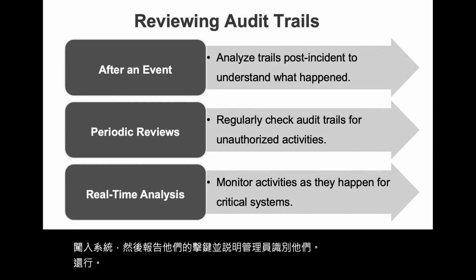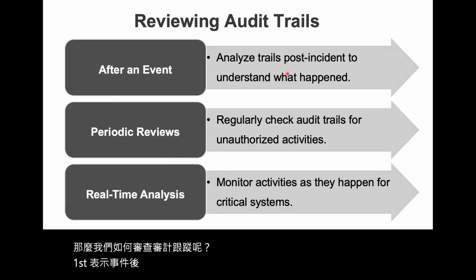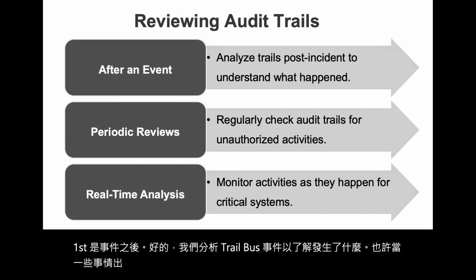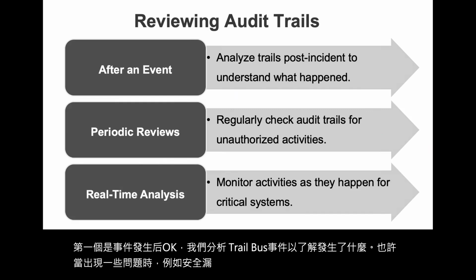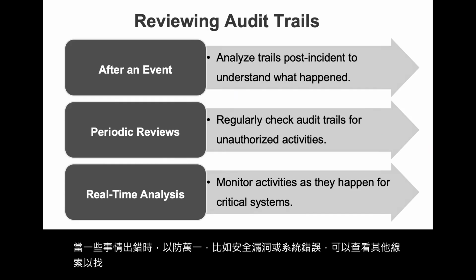Okay, so how do we review the audit trail? First is after the event. We analyze the trail post incident to understand what happened. Maybe when something goes wrong, just in case like a security breach or a system error, the audit trail can be reviewed to figure out what happened.